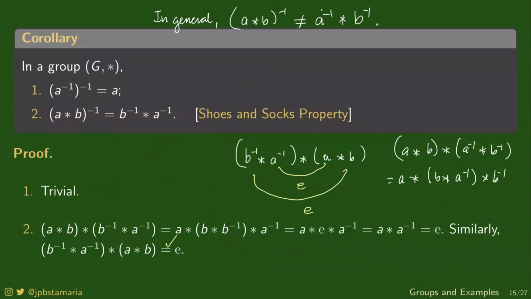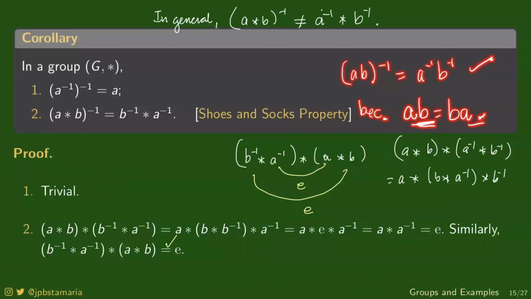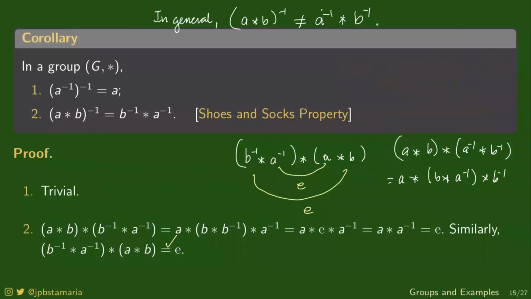It is the reason why in normal algebra, the inverse of AB is A inverse B inverse. Because in normal algebra, AB is the same as BA. There's a reason why this works in algebra: the product AB will always be equal to BA.